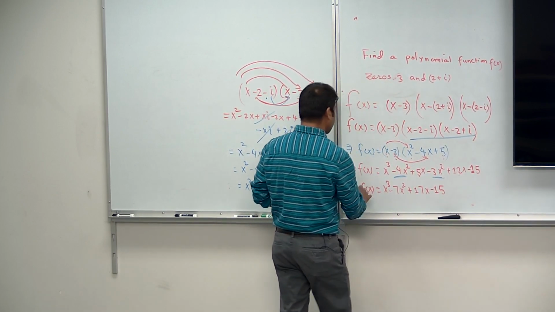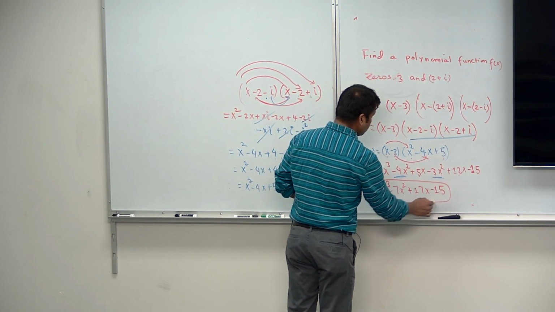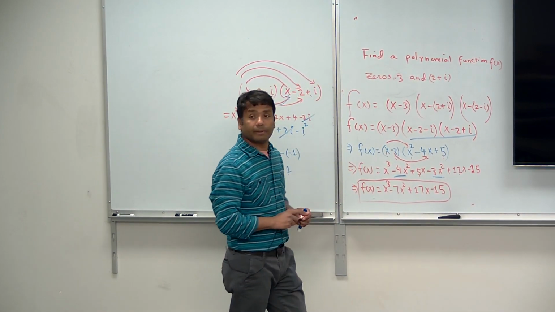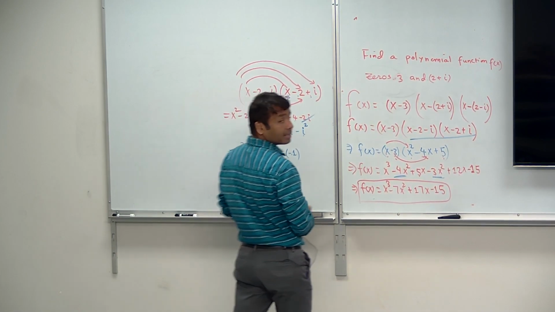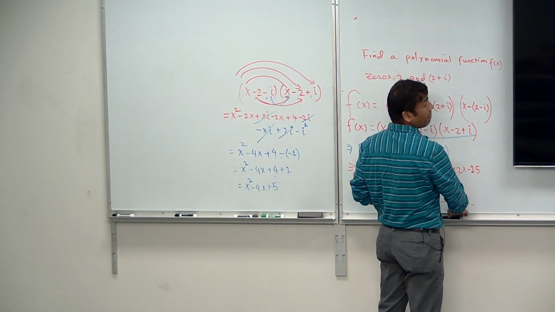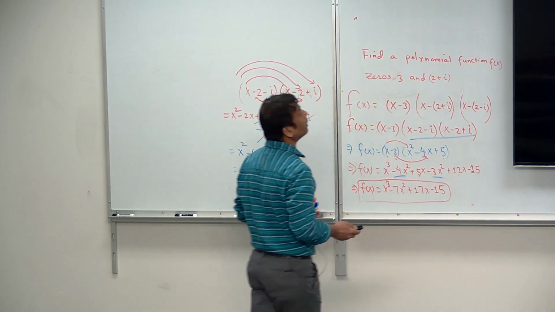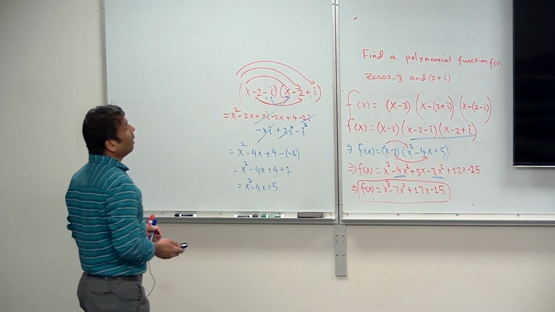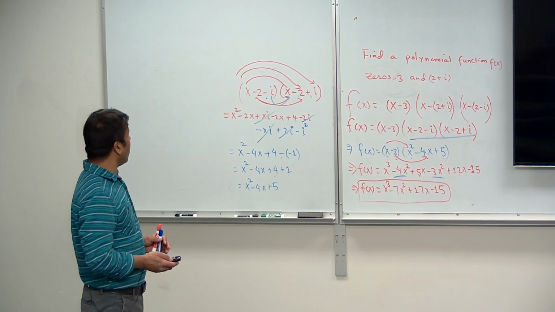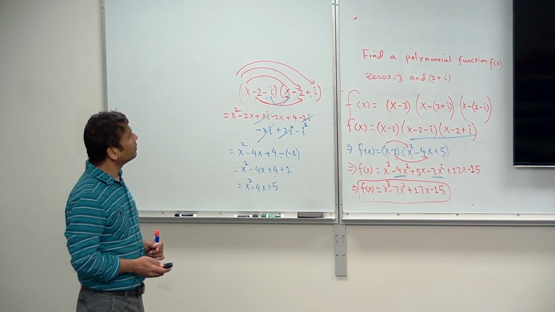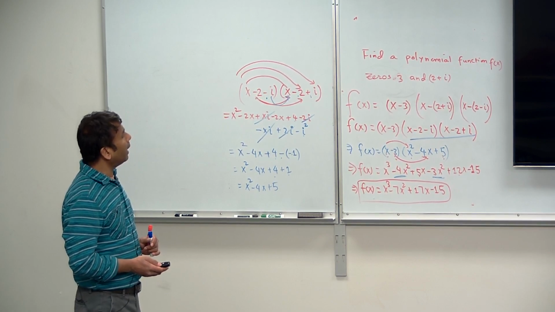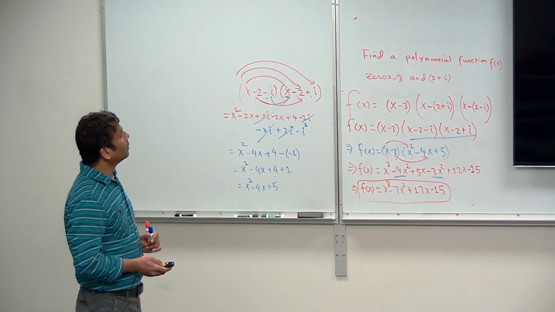So this is the polynomial function. Make sense? You got it, guys? Did you get it? Good, good, good. Okay, so x cubed minus 7x squared plus 17x minus 15, it's good. Okay, we did that.